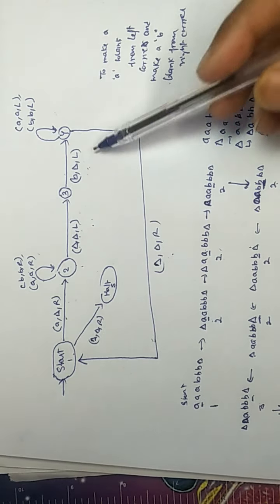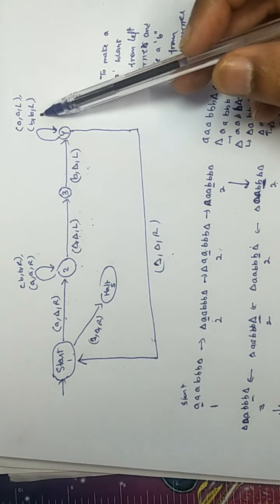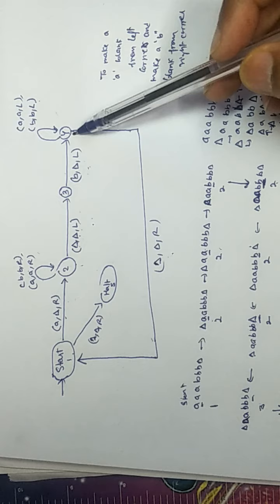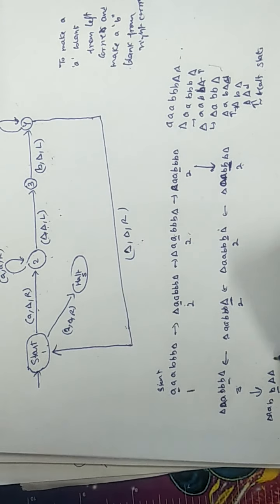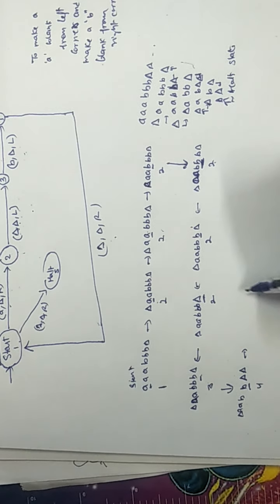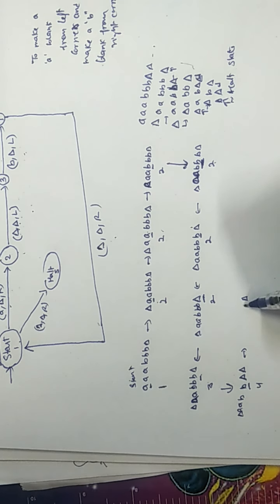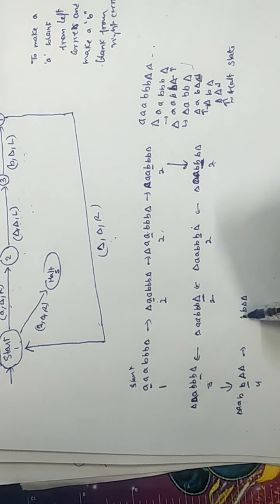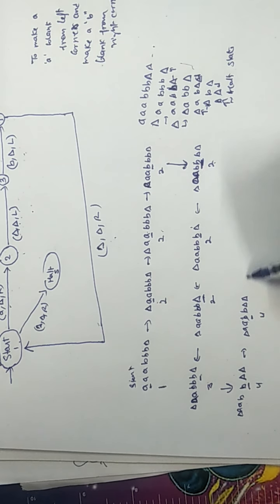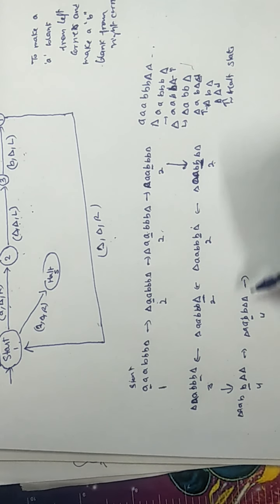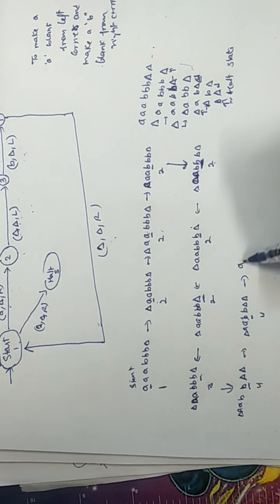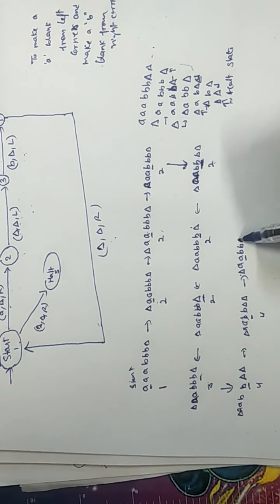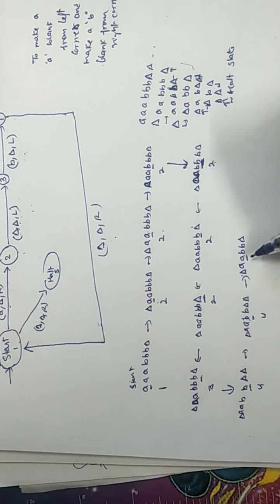Now at state 4 we read more B's, B remains B, and we move to the left and remain in state 4. Now again we read B at state 4, we move to the left and B remains unchanged.